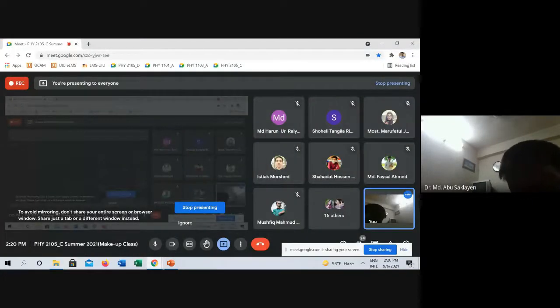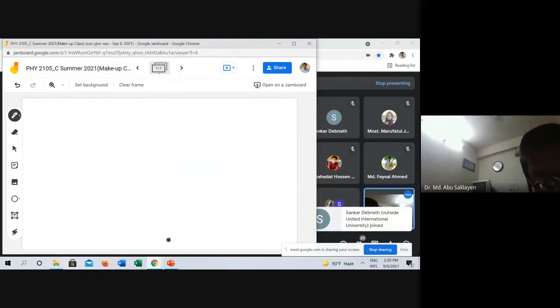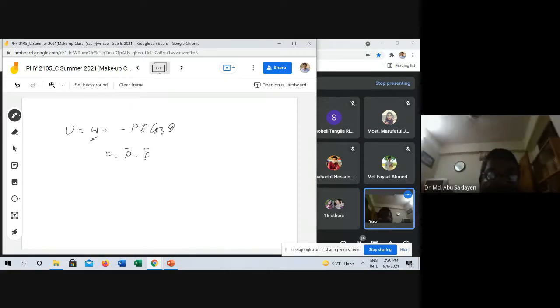Is it okay? Minus pE cos theta. So U or W equal to minus pE cos theta, and you can write in vector form minus p dot E. So this is the work done due to the torque.